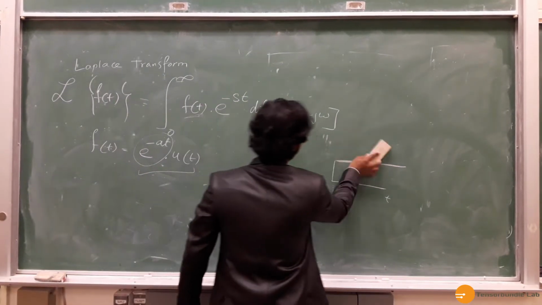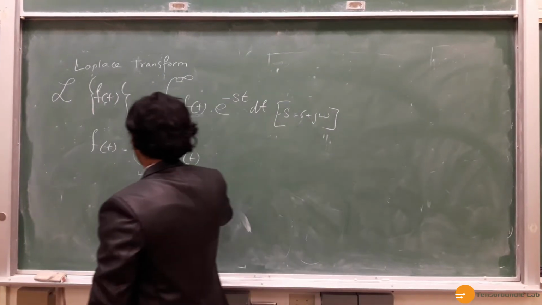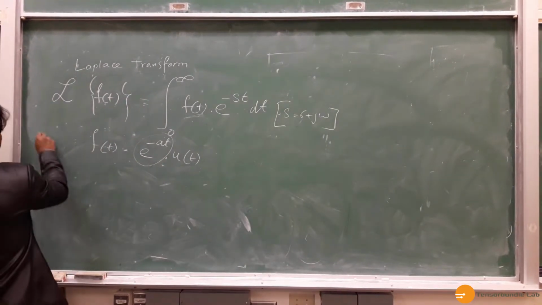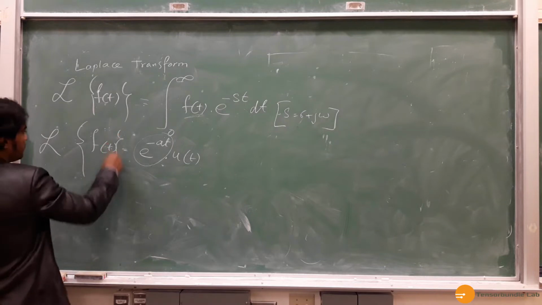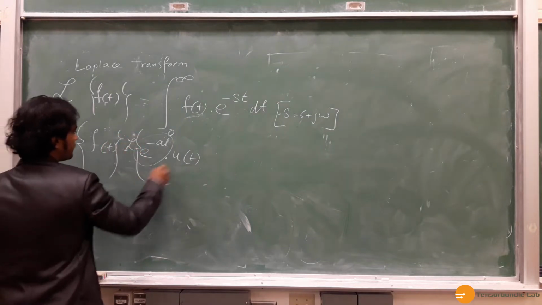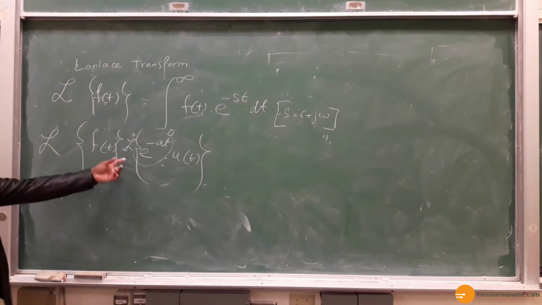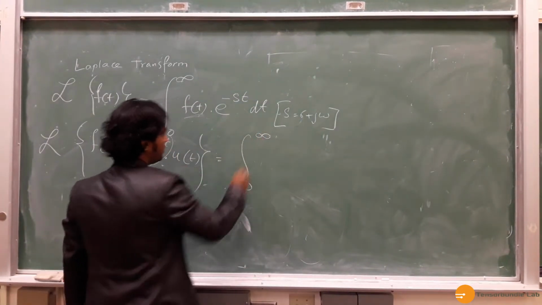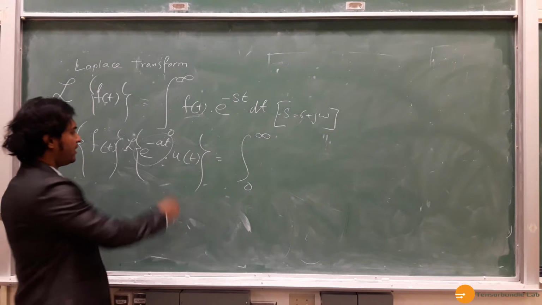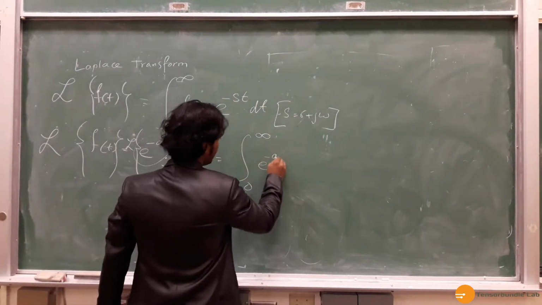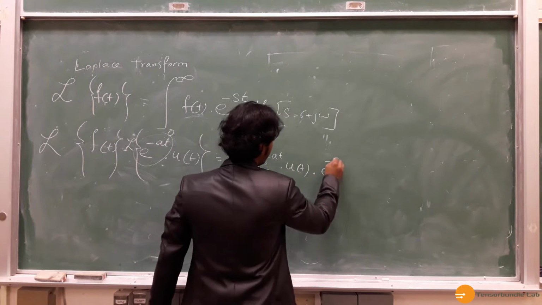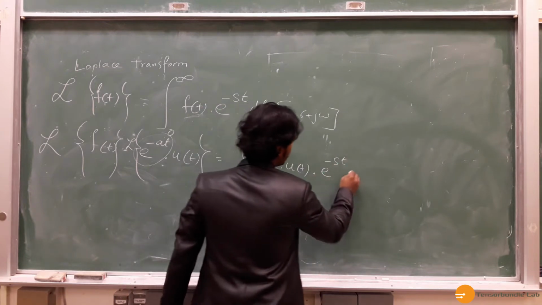we want to find out what's the Laplace transform for this exponential function. Then we take the Laplace transform and we just replace it with the integration from 0 to infinity of e to the power minus a t multiplied by u of t, and then e to the power minus s t, dt.